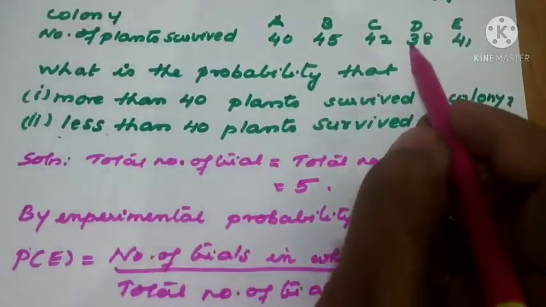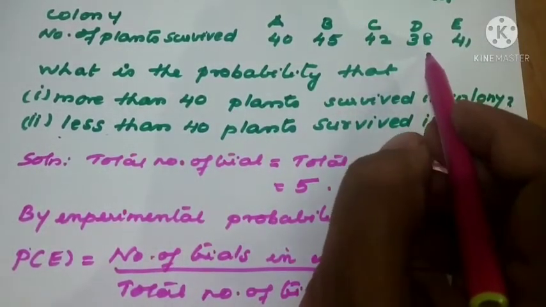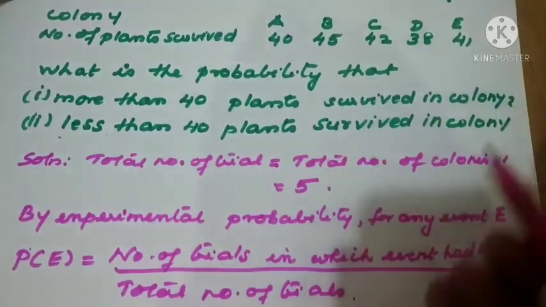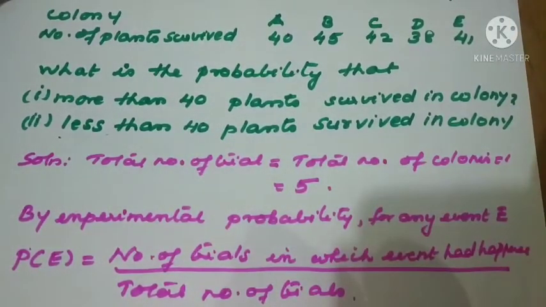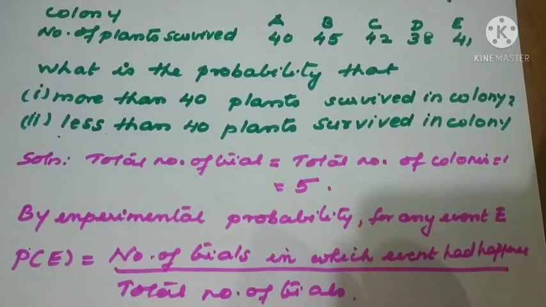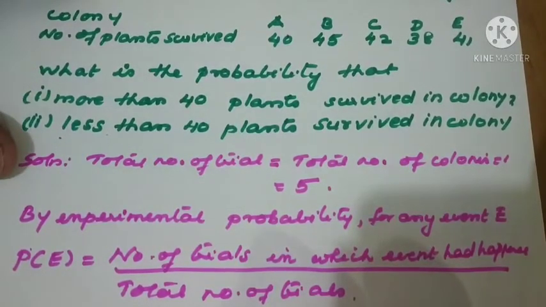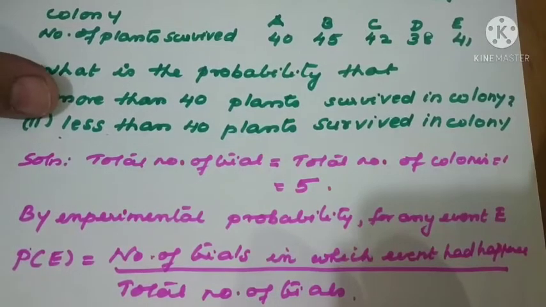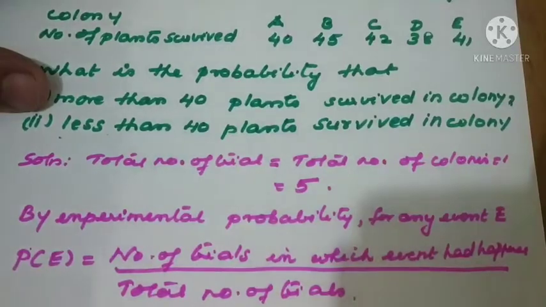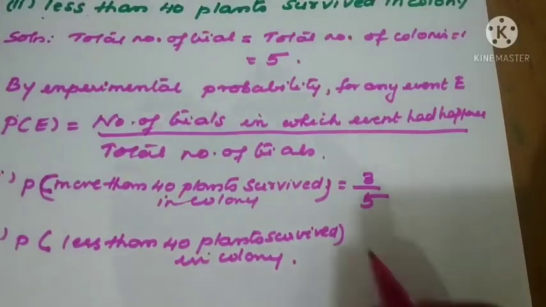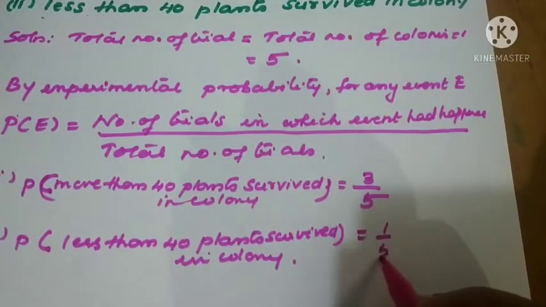That means only one is favoring. Which is the favoring? 38 is the favoring. So out of 5, only one is favoring because less than 40 is asked. So 38 is the number which is less than 40. So one only favoring event. So our answer is 1 by 5. Now let us write the solution. Equal to 1 by 5.